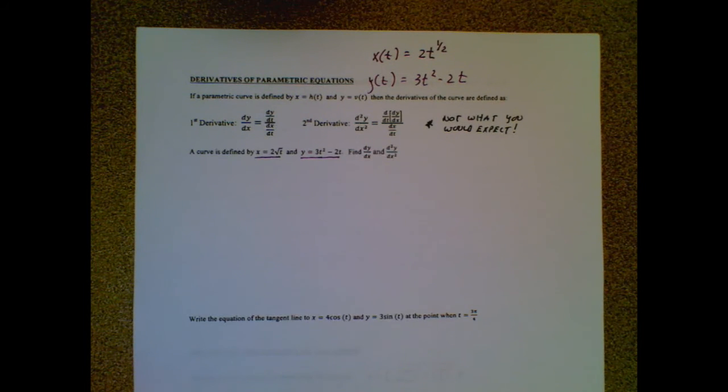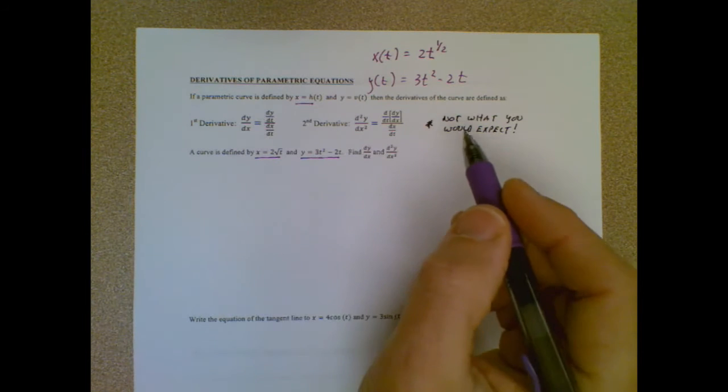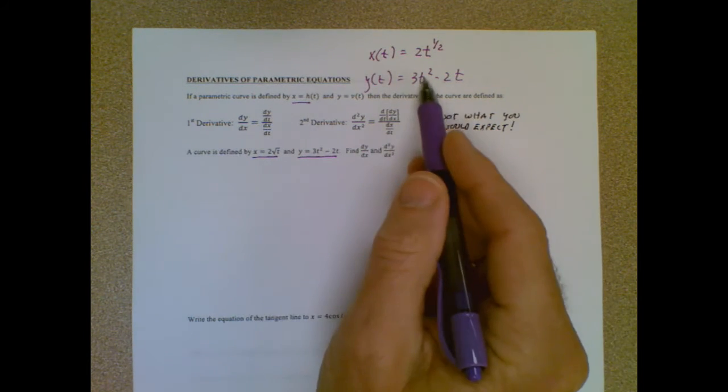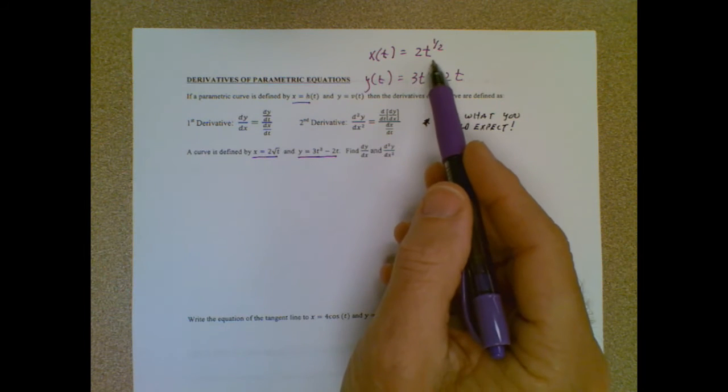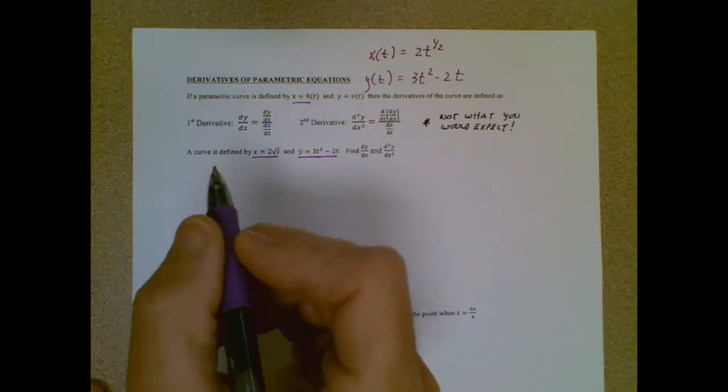So I'm back into the note packet, and this is my set of parametric equations. Where is it? Oh, there they are down here. I rewrote them up here, taking the square root and putting it in an exponent of 1/2, which is easier for the power rule.